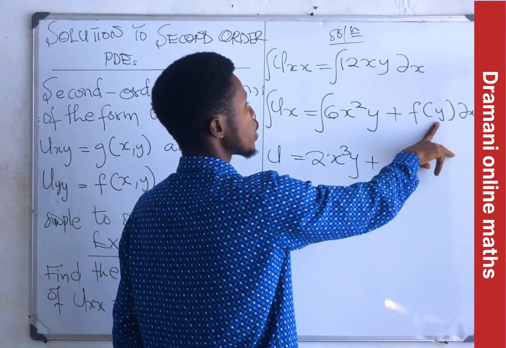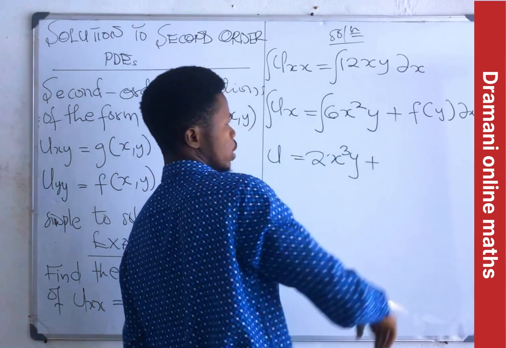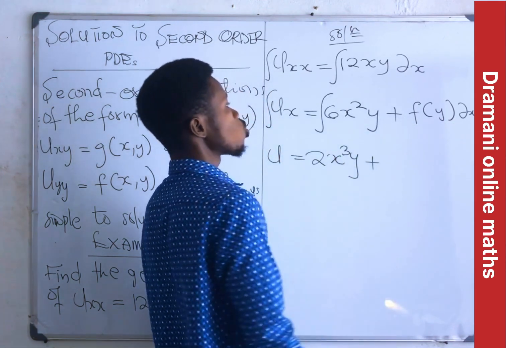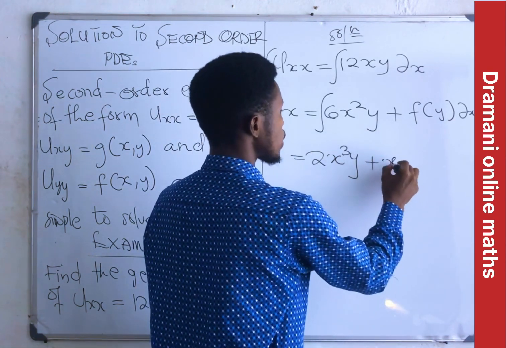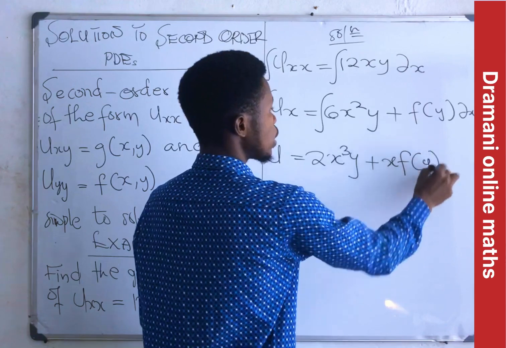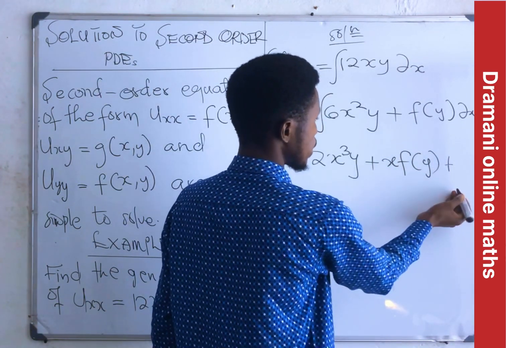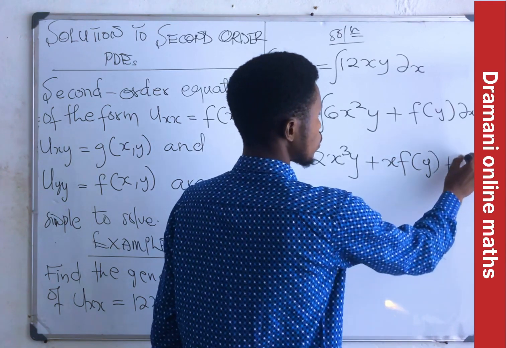So this is treated as constant. It's like when I have 2 here and I'm integrating 2, I'll get 2x. So here it will be x multiplied by y, because it's treated as constant, and plus, let's say, j of y.